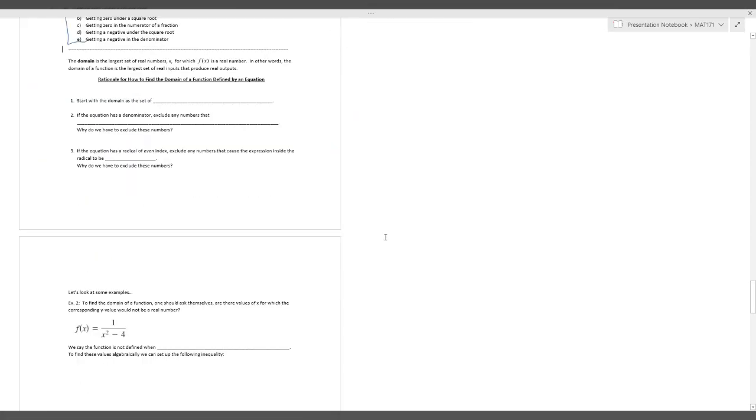So domain exists in the world of real numbers. And this is where we end up having restrictions on our domain, because we always start the domain with the set of all real numbers.